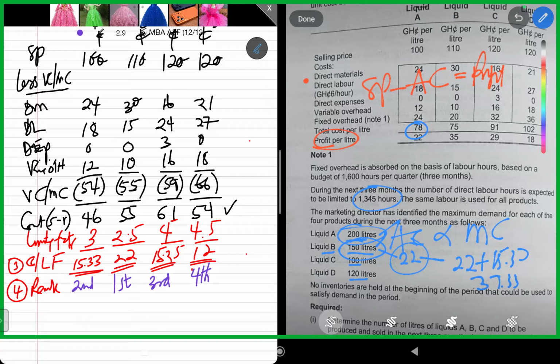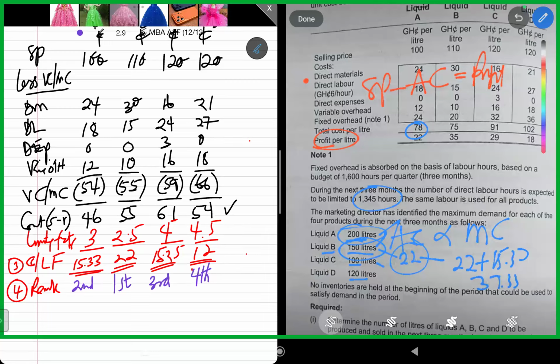Then when I come to C, which is the third one, I'll look at the remaining hours after producing all of A and B. How many hours are left to produce 100 liters? Because that's the third one giving me money. Then for D, if there are any hours left, I'll look at how many liters of D the remaining hours can produce.